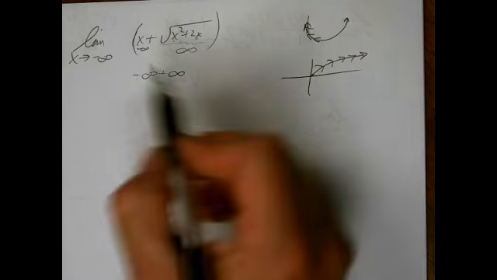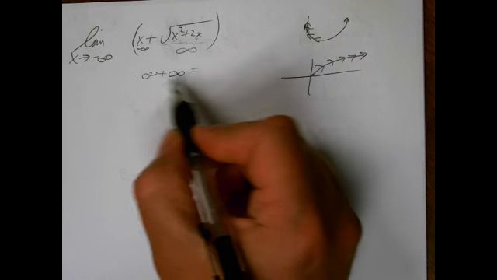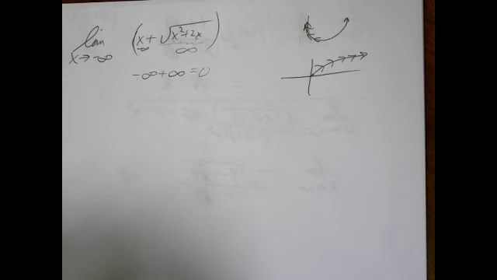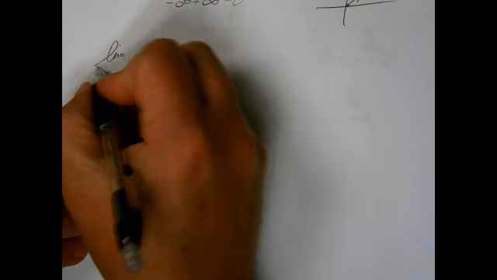A lot of people are going to think infinity plus negative infinity, they're going to cancel each other out, and you're going to get 0. You do not want to think that way. That is a very, very deep hole that you're digging. You cannot do that. So what we're going to do is rewrite this thing.